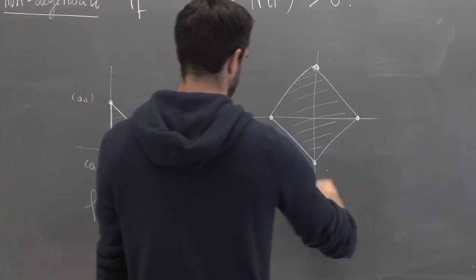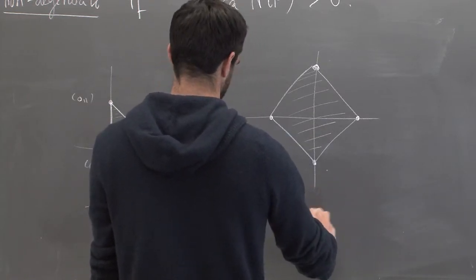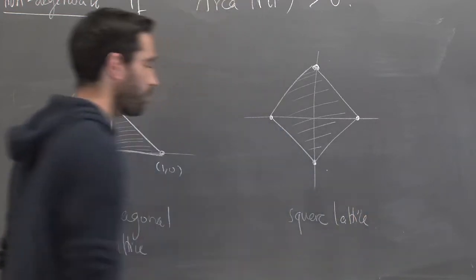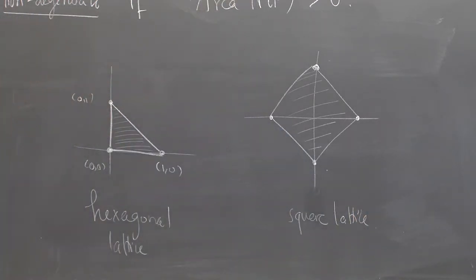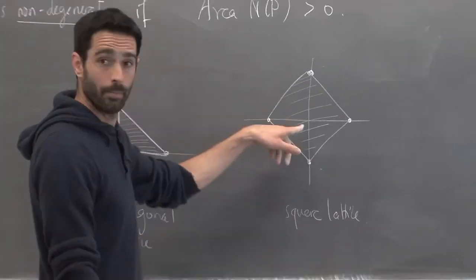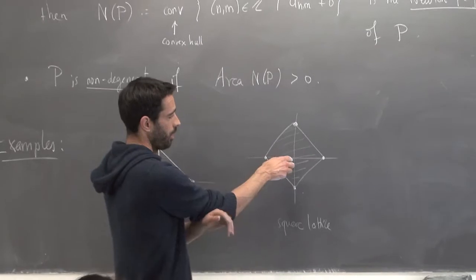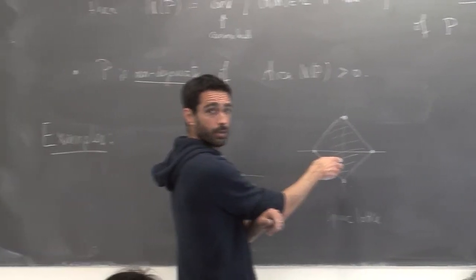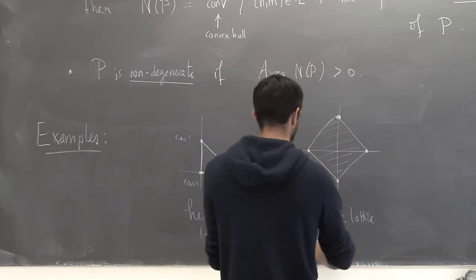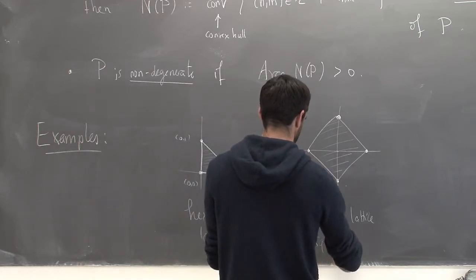This is the one for the square lattice. If you look at the square octagon lattice, you get the same one. You have one more coefficient, the constant coefficient that is not 0. There's a point here, but it does not change the convex hull.